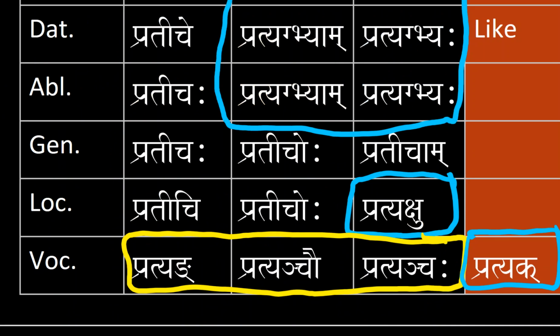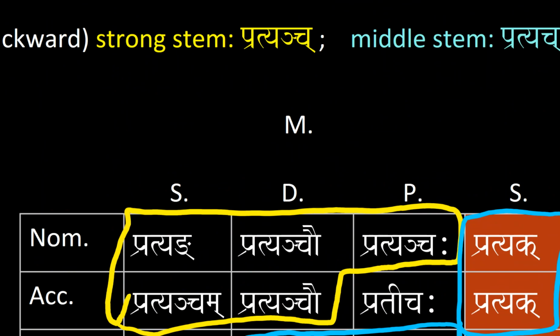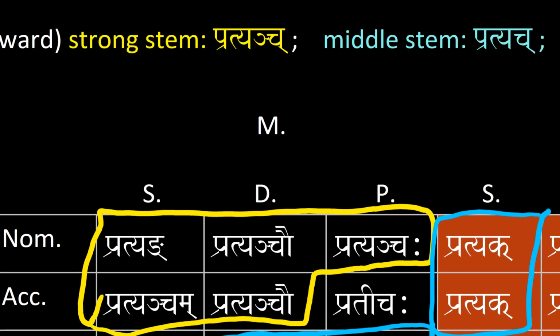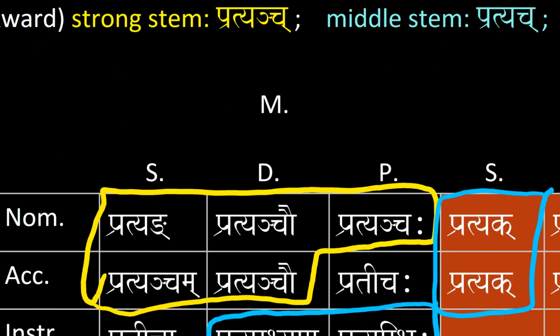For the locative plural, you must be wondering, why is it pratyakshu? The reason is, remember that the stem is actually the middle stem, not the weak stem, because it's highlighted in blue. The original stem was pratyanch.